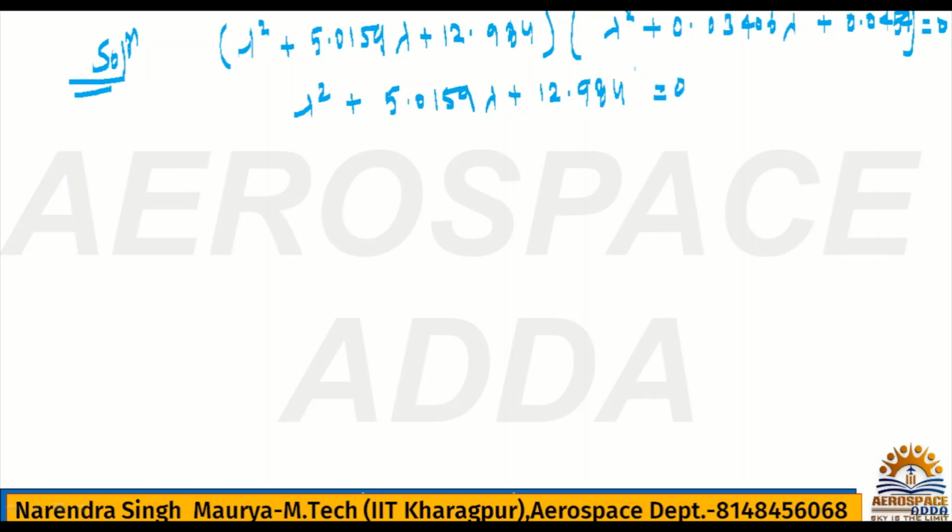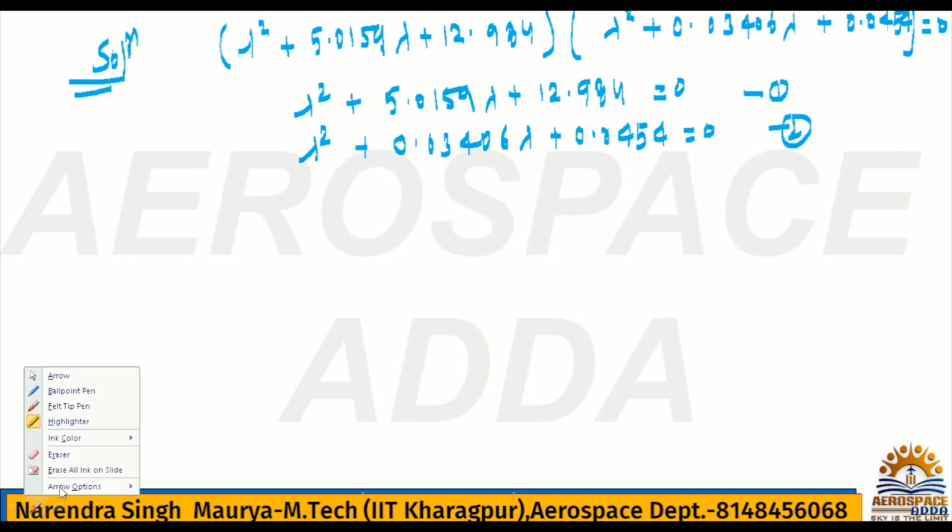This is equation 1, and you can do the same for the other bracket, which is lambda square plus 0.03406 lambda plus 0.0454 equal to 0, equation 2. Immediately you find the roots of equations 1 and 2.